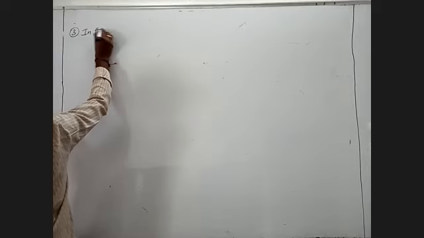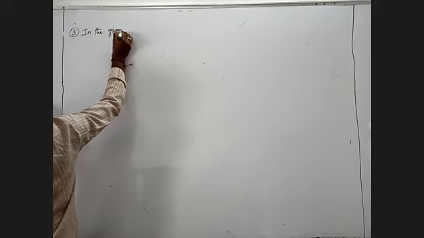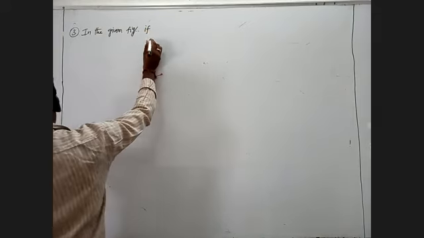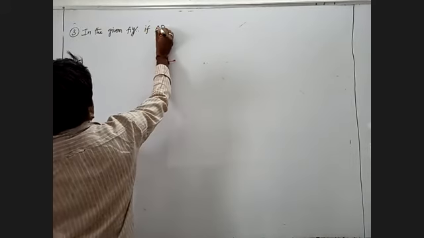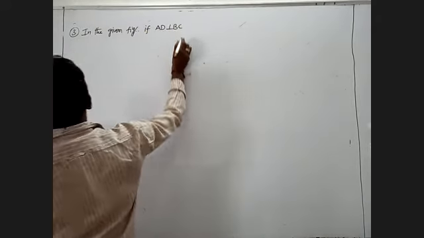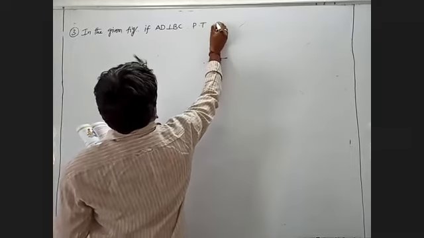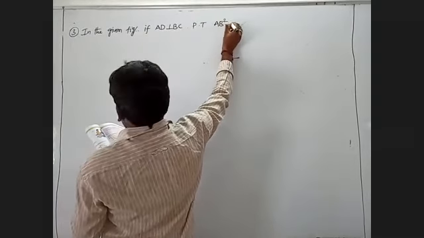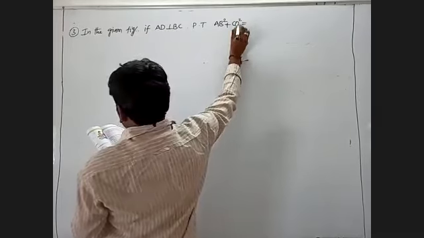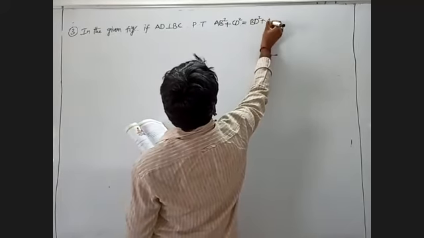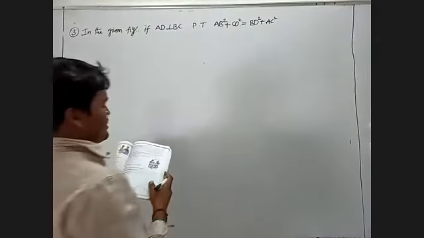In the given figure, if AD is perpendicular to BC, prove that AB square plus CD square is nothing but BD square plus AC square.